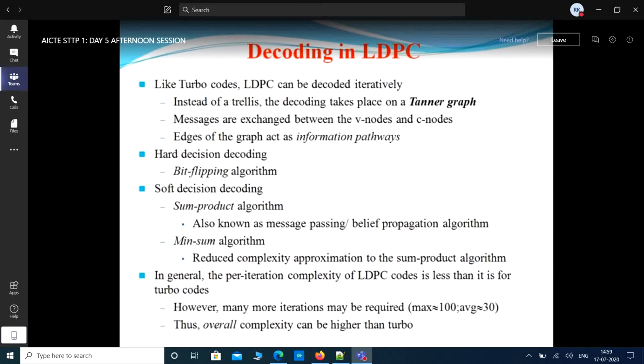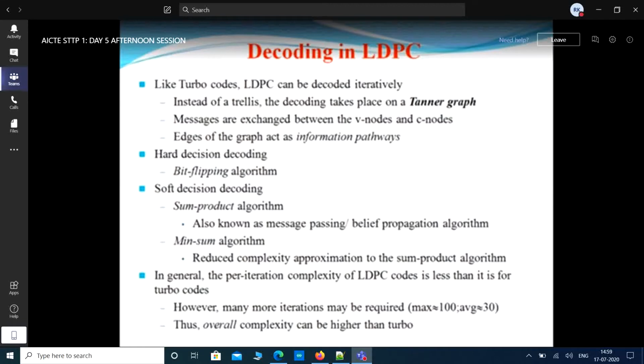And one more important point is iterations. Iterations means how many iterations are considered to do the simulations. After designing a Tanner graph, how many iterations? Suppose the first iteration, second iteration, and third iteration.